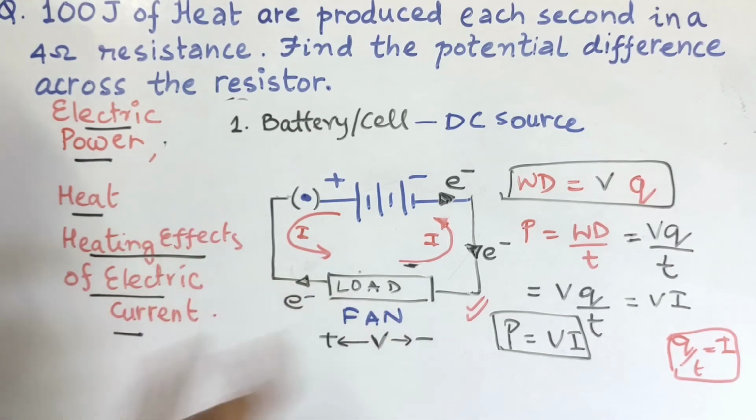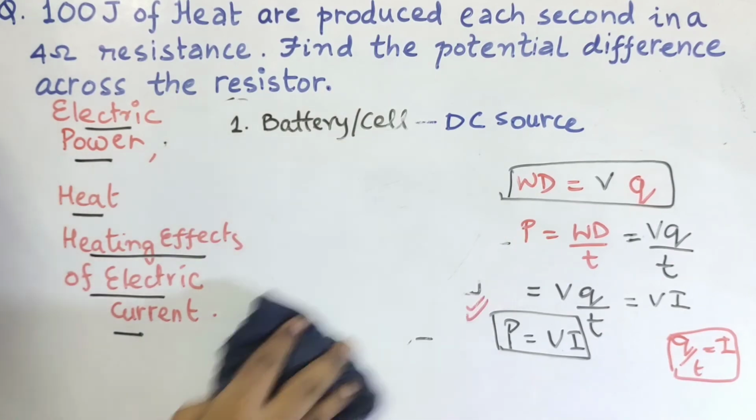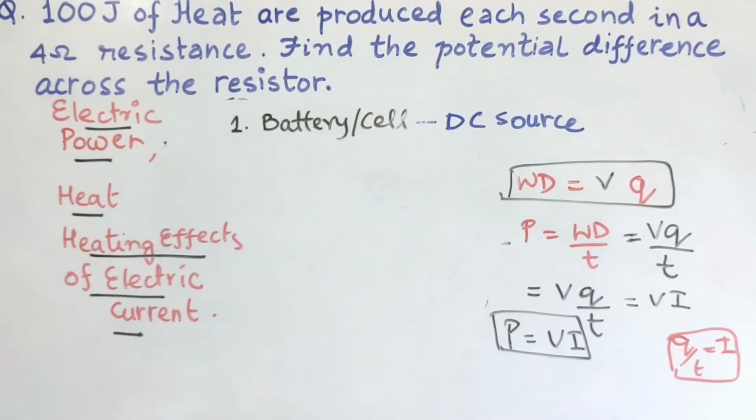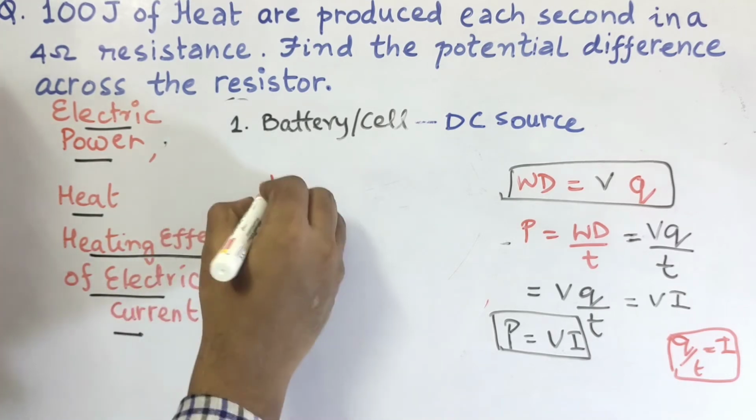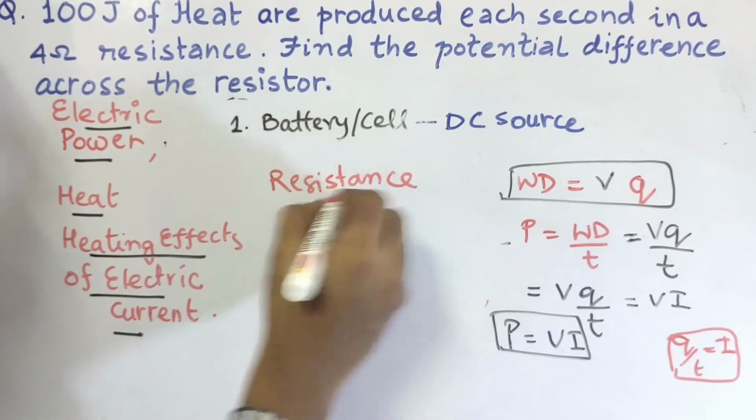That heat dissipated from the fan is mainly because of the resistance of the component. So heat dissipated by any appliance is basically because of resistance. Resistance is the reason for dissipation of heat.